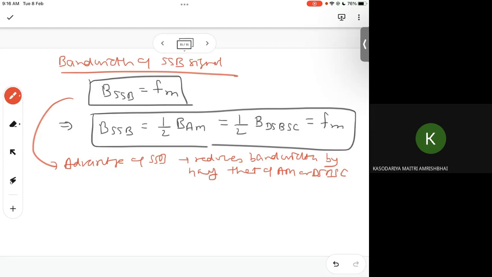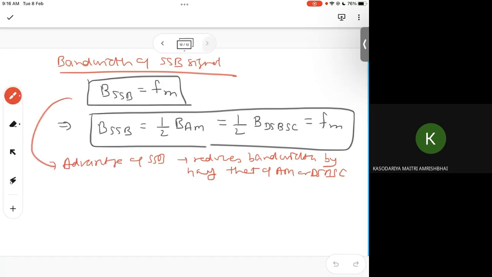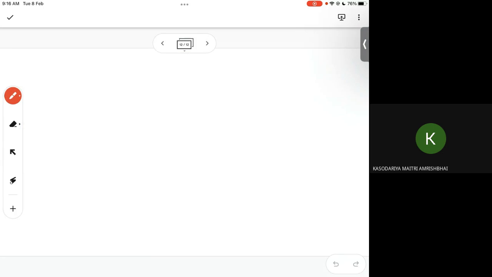So what is the power? Let's talk about the power of the SSB signal. Move to the next slide. Now, the power of the SSB signal, because I am taking only one of the frequencies, just one side frequency.